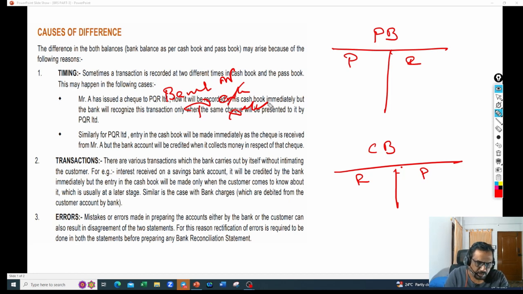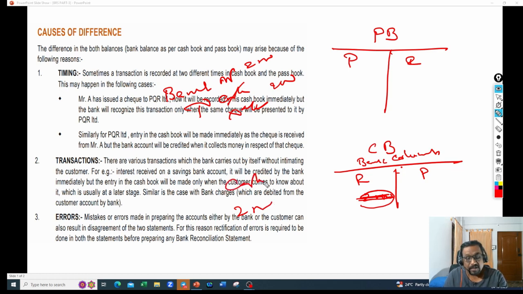So I deposited 2,000 rupees worth of check in the bank. In my cash book, I'm supposed to debit that as 2,000 rupees. This is bank columns. Cash book means bank columns. But while depositing, what I did is, instead of recording it in the bank column, I recorded this 2,000 in the cash column.